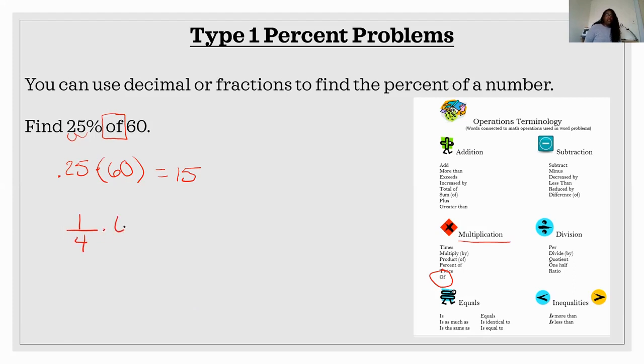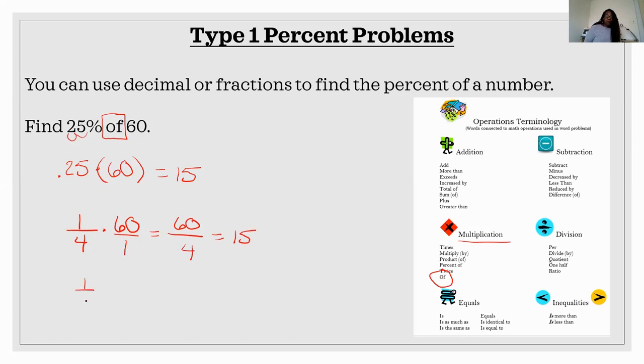1/4 of 60. So now we got a fraction being multiplied by a whole number, which we can either just put the whole number over 1, and then we can go 60 times 1, which gives me 60, divided by 4 times 1, which gives me 4, and then I can divide 60 and 4, give me my 15.